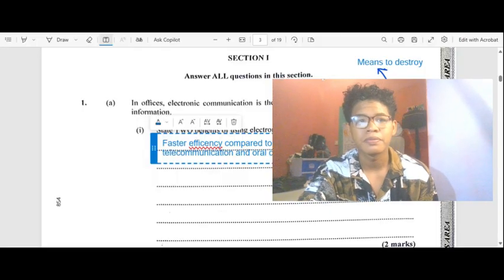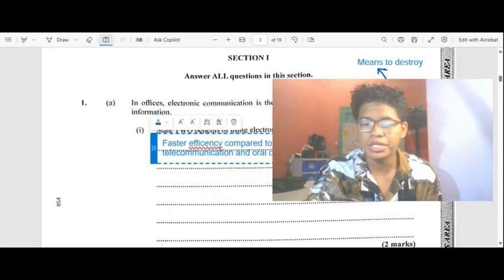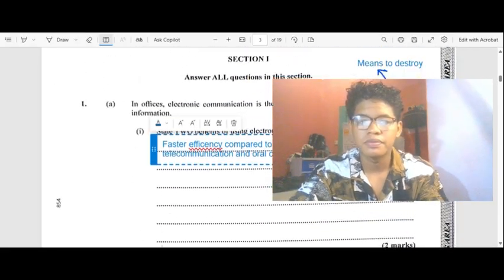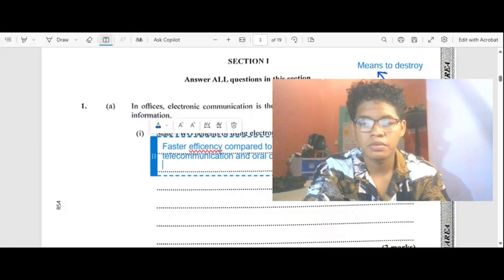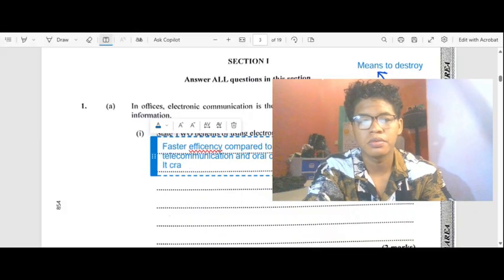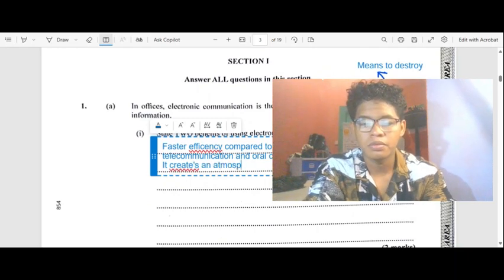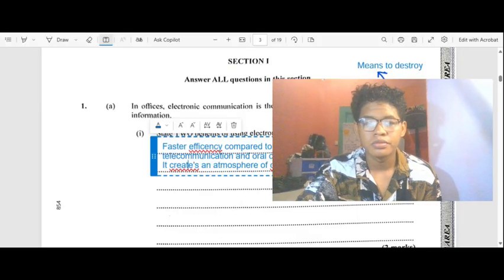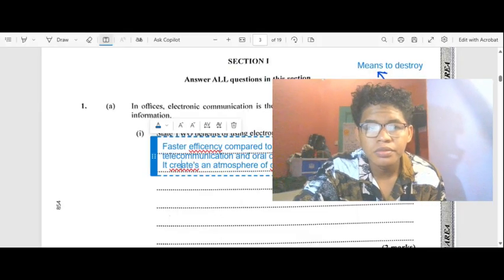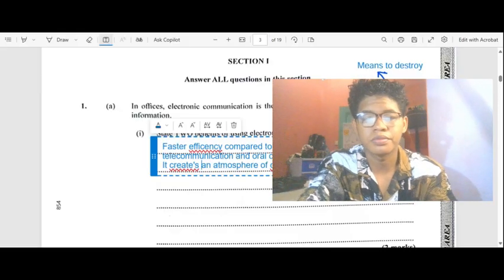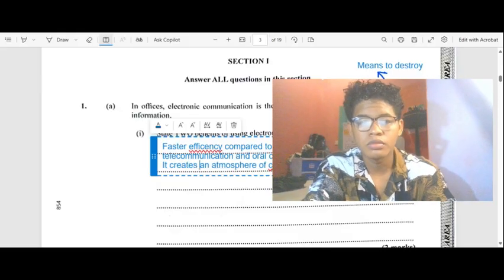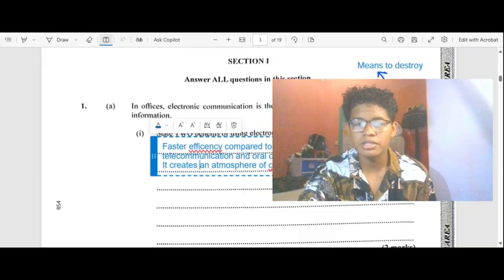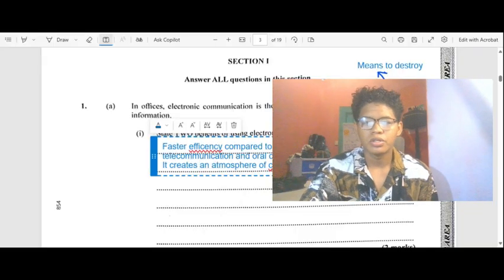It's more effective and it creates an atmosphere of coherence, or cohesion.